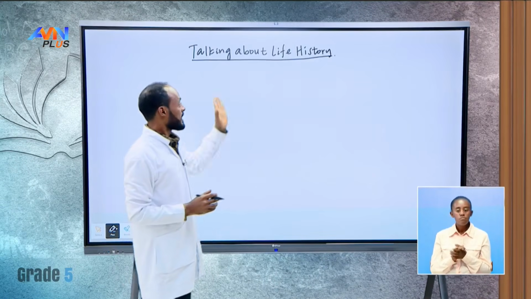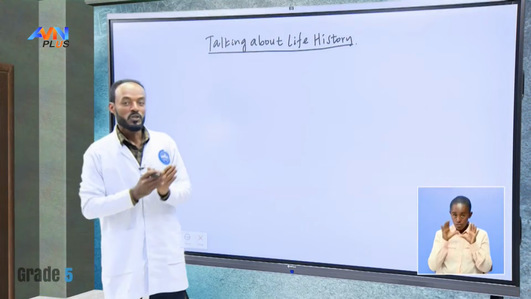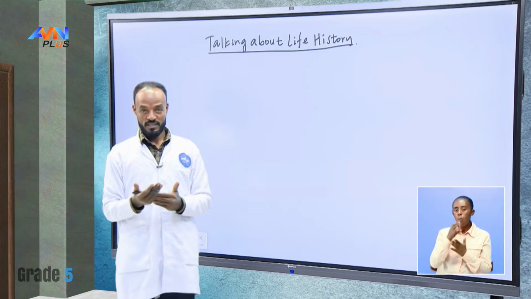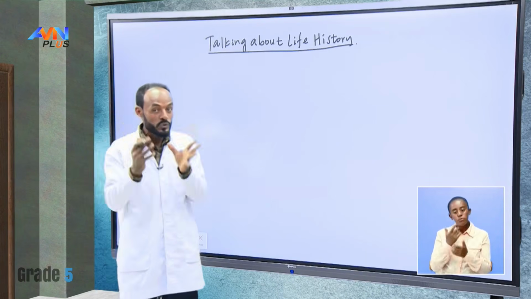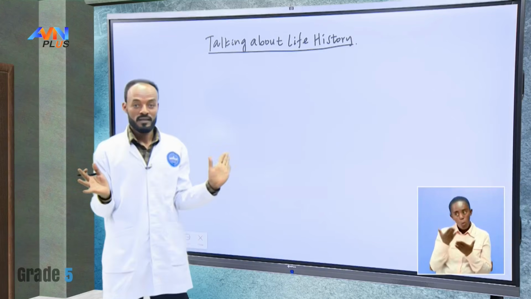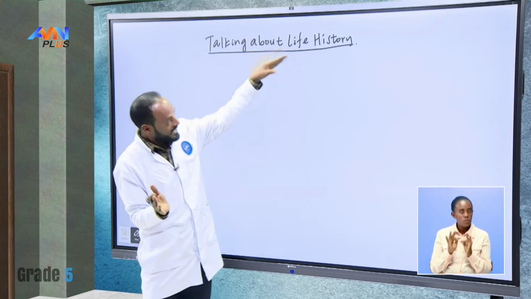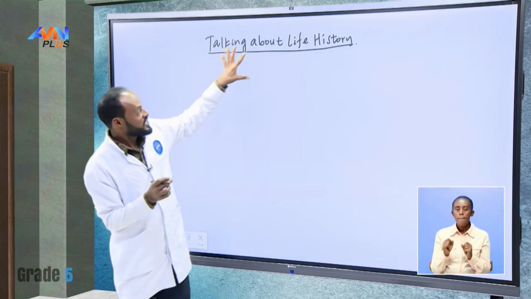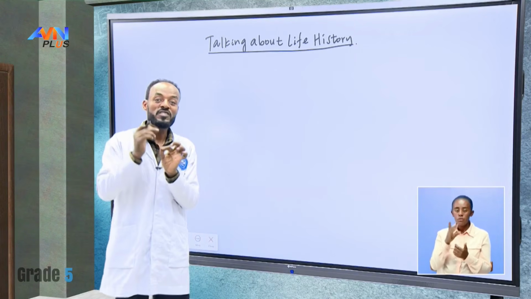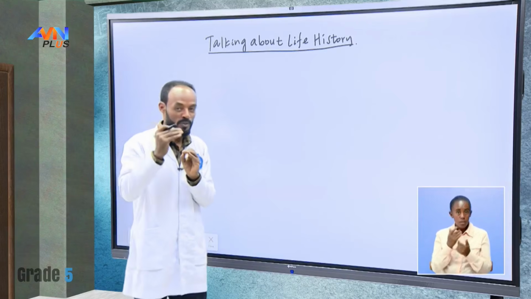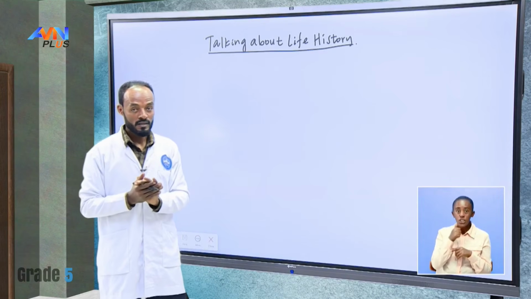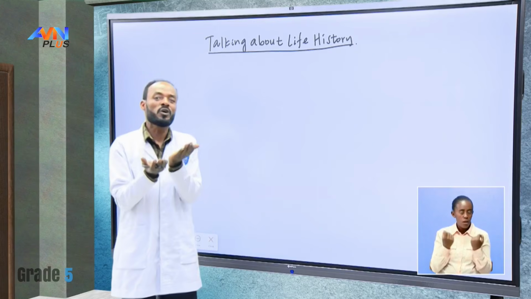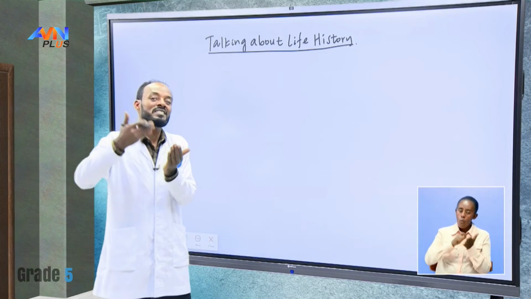Students, at the end of this lesson, you will be able to talk about someone's life history, someone that you know well. And also at the end of the lesson, you will be able to discuss the life history of Abebech Gobena. Is it clear? Lastly, you can simply understand how we can write someone's life history.